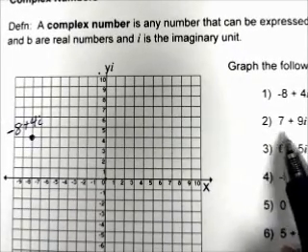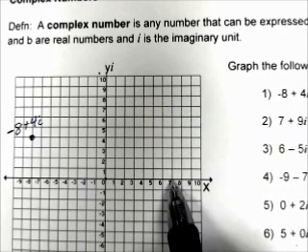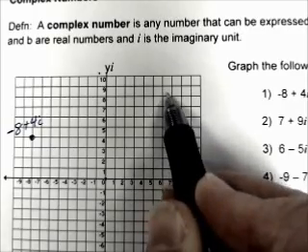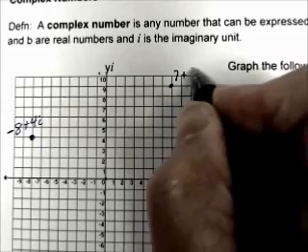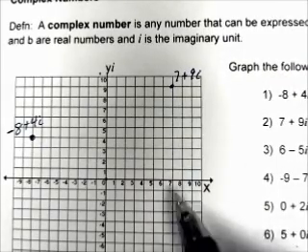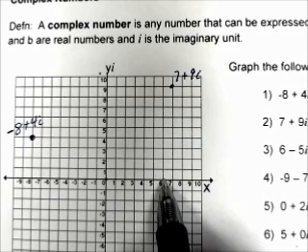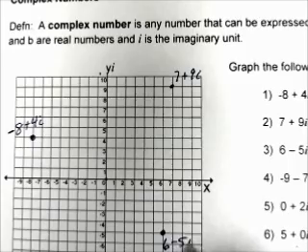Next, number 2, 7 plus 9i. 7 is a real number part, 7 on the x-axis, and up to 9i on the y. 7 plus 9i. Number 3, 6 minus 5i. Positive 6 on the x, negative 5i on the y, places us right here, 6 minus 5i.